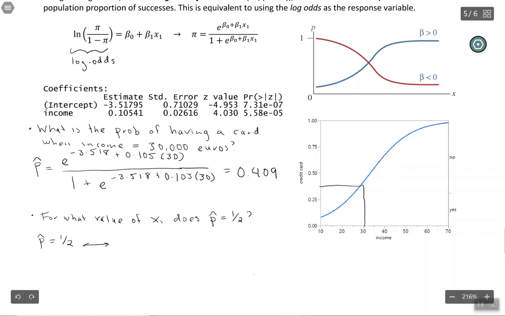So to get the predicted probability to be 1/2, we want this expression, and I'm writing it in terms of the sample values now, so that's why I'm using b instead of beta, but we want that expression to be equal to 1.